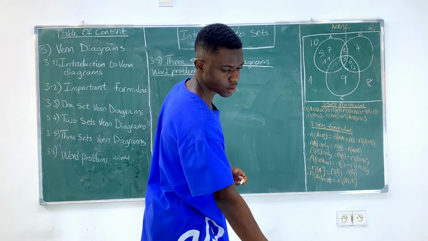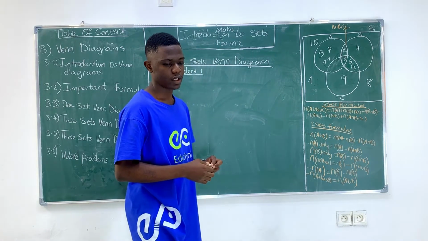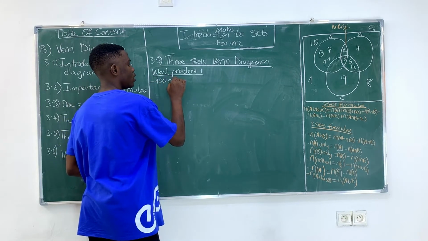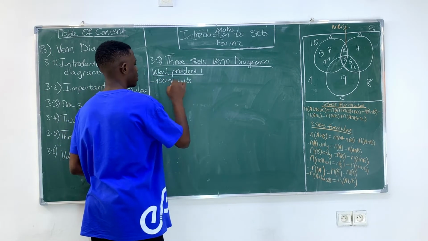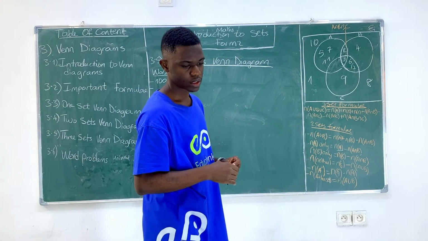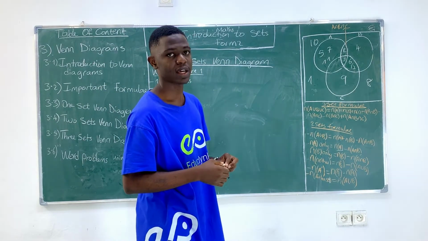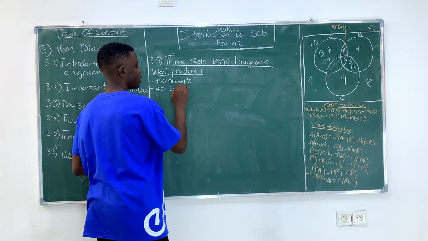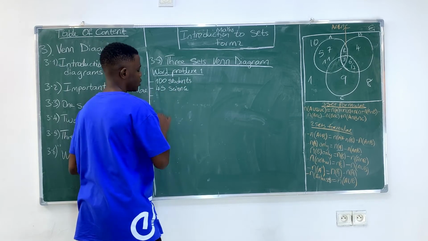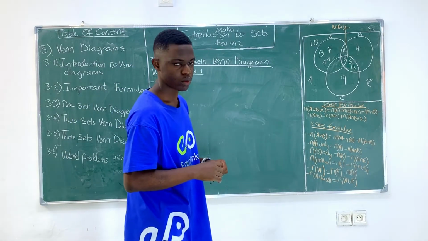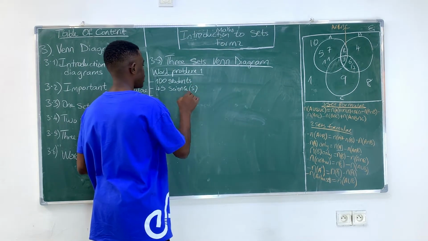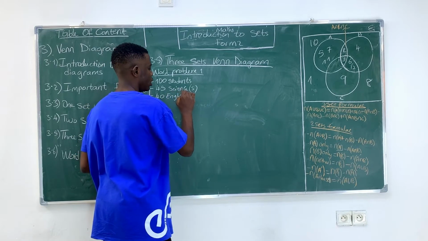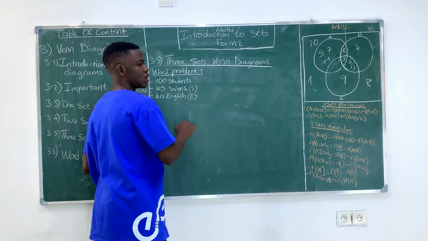It says in a survey of 100 students, so we have 100 students. We have 45 who study science. Let's call science S. We have 40 who study English. Let's call English E.